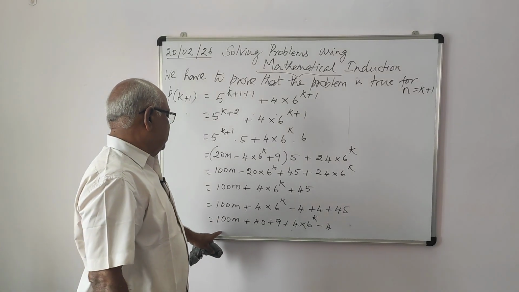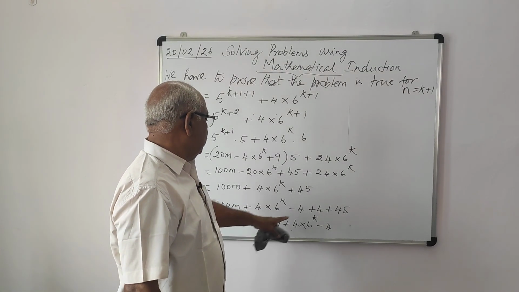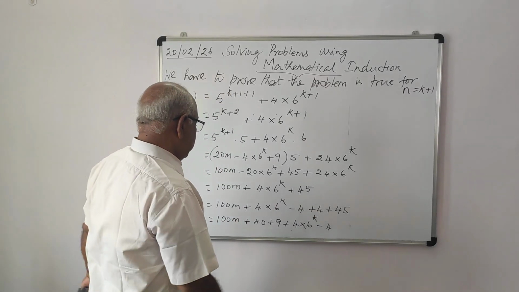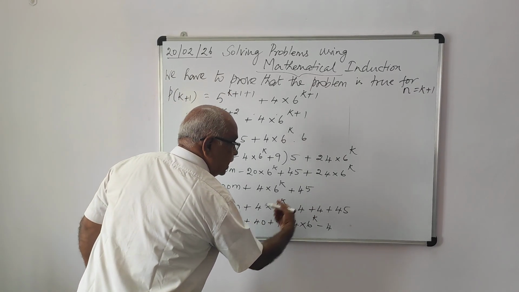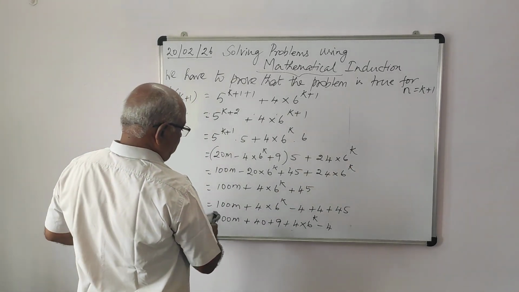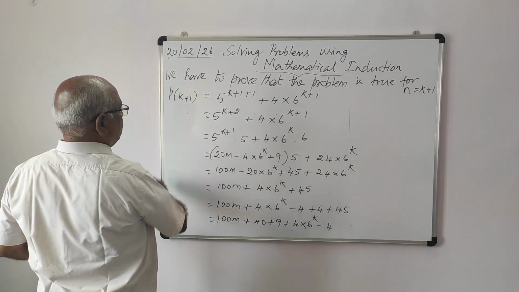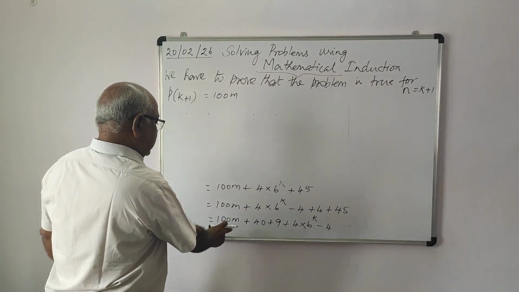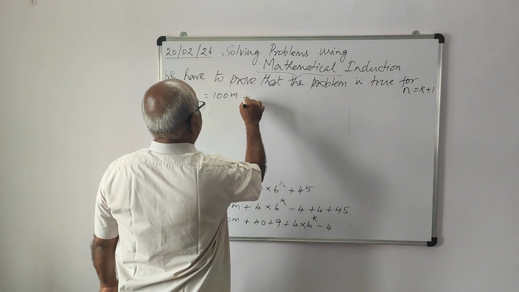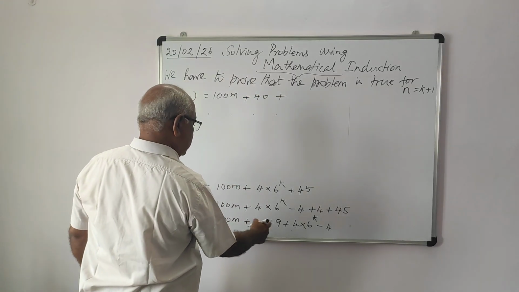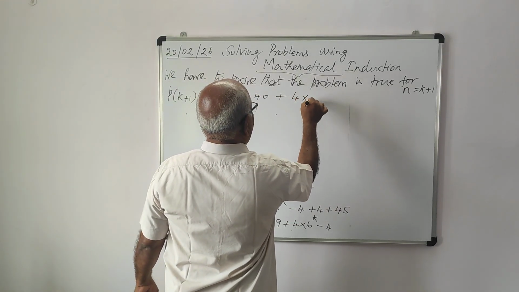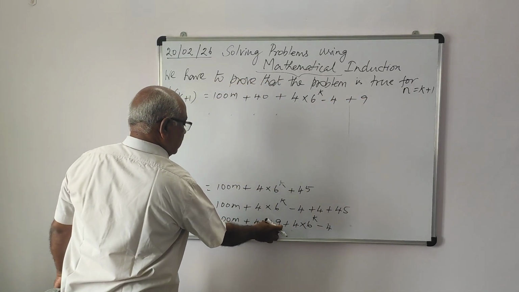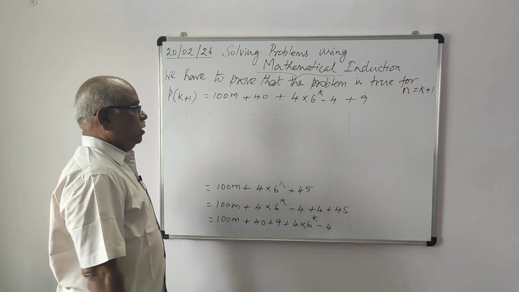See, 100m plus 40 plus 9 plus 4 into 6 power k minus 4. So now you separate this 9 from this expression. I will get p of k plus 1 equal to 100m plus 40 plus 4 into 6 power k minus 4, plus 9.